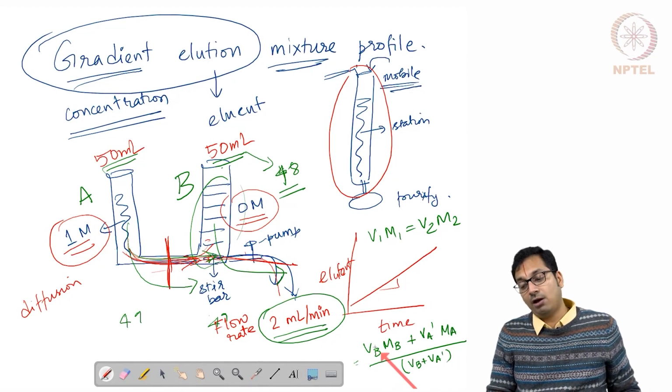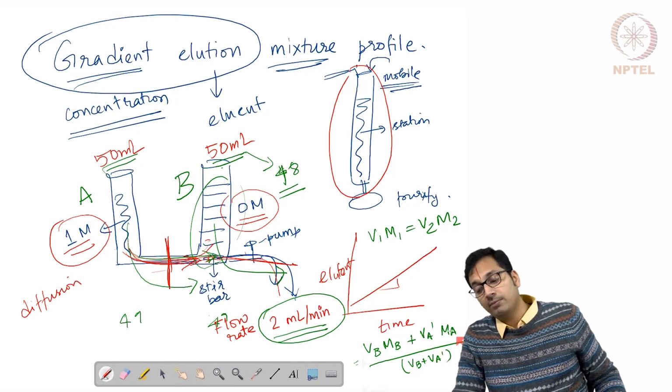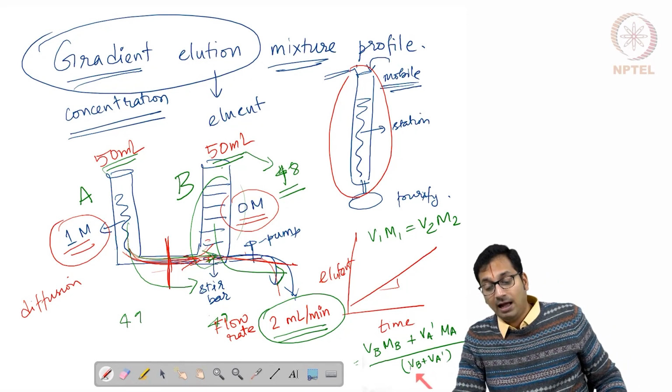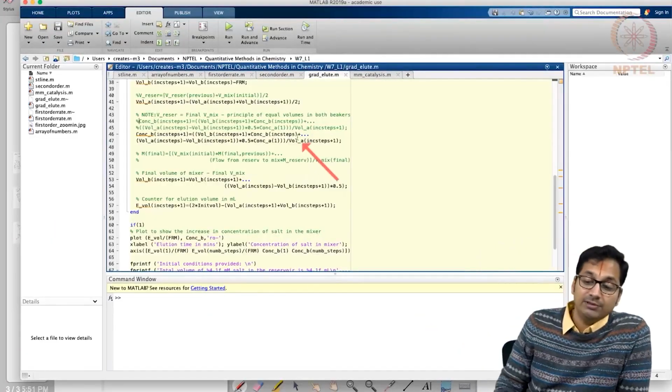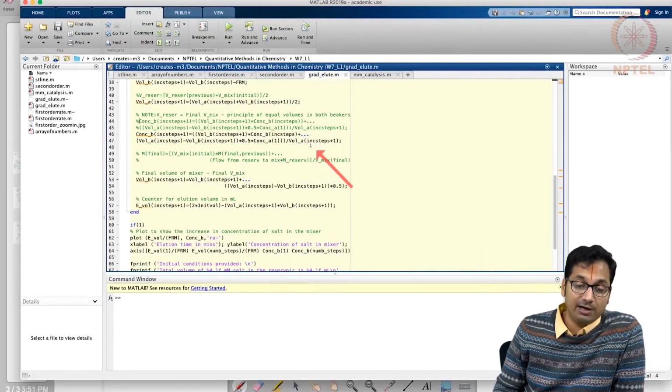Basically you want to understand how much volume is in B, what is the concentration in B, how much volume flows from A and what is the concentration of A, and then the total volume that ends up coming, which is after equilibration, 49 ml.